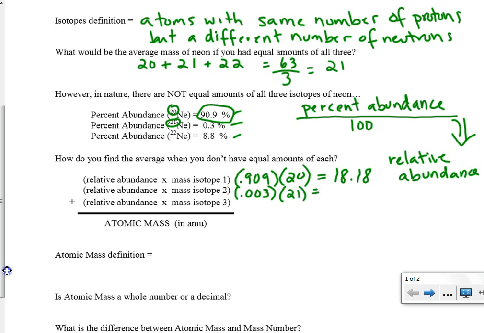Calculators tell us the answer is 0.063. The third isotope has a percent abundance of 8.8. Converting that to relative abundance becomes 0.088. We multiply that by the mass number of 22, and in our calculators we get 1.936. We add all 3 of those up.